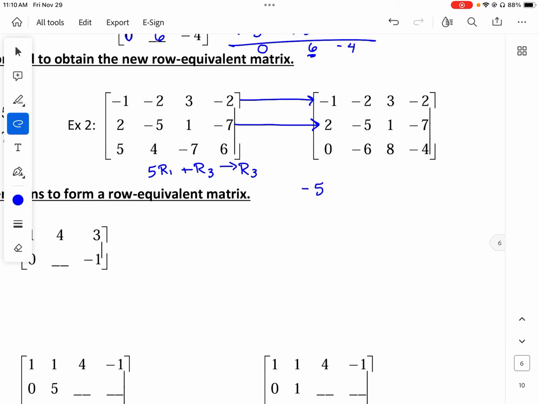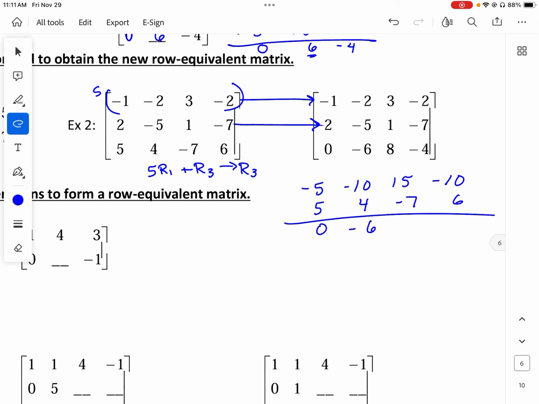I'm going to multiply this all times, oh, times +5. Sorry, it's a positive. Let me erase that. So that'd be -5, -10, 15, -10. I'm going to add it to row 3. So 5, 4, -7, 6. I get 0, -6, 8, 4, which is this. So this was a row operation that was done.